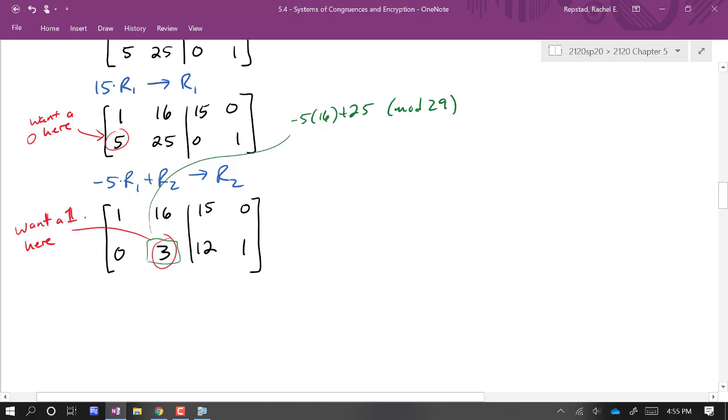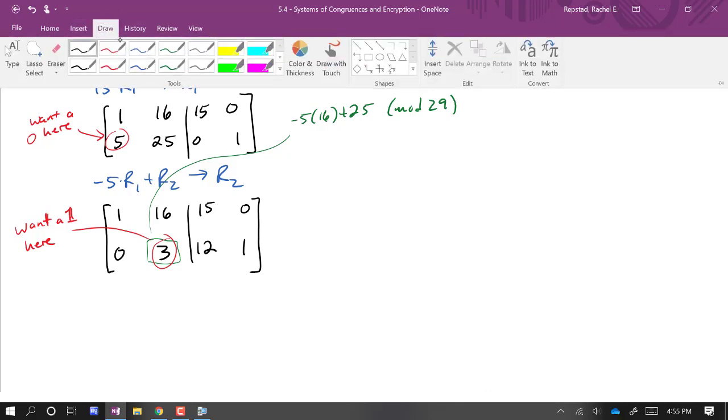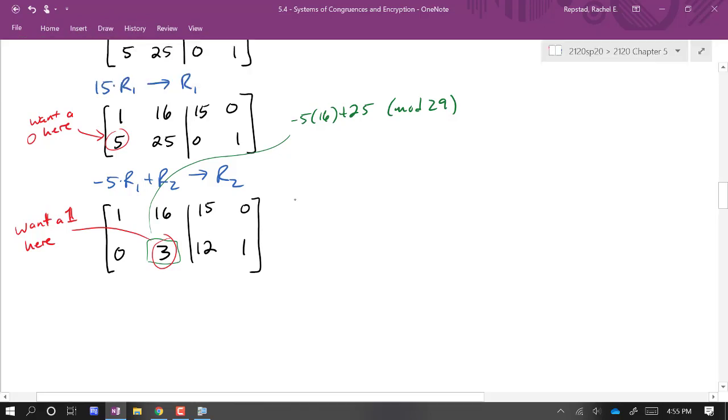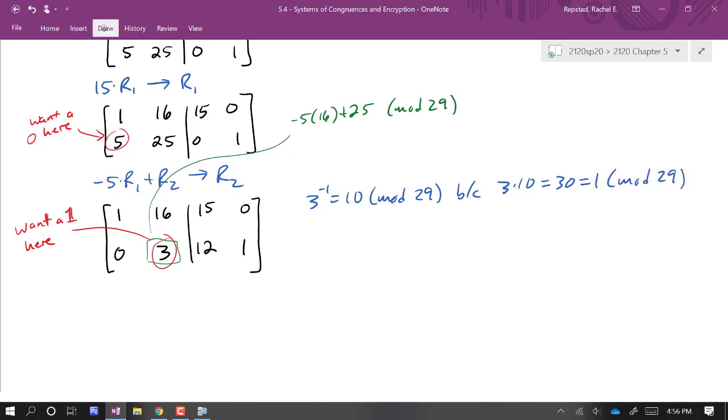And so again, we don't have fractions, we don't have a third, but in Z29 all inverses exist. So the inverse of 3 is 10 in Z29, and that's because 3 times 10 is 30, which is 1 mod 29. So I'm going to multiply the second row by 10 and just reduce mod 29.